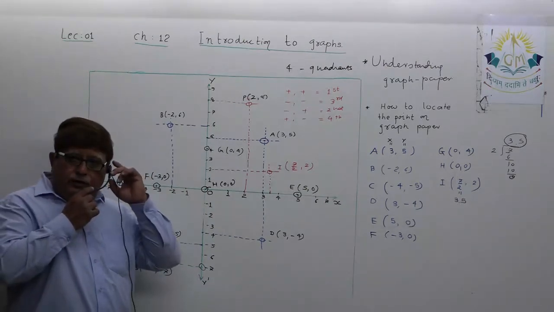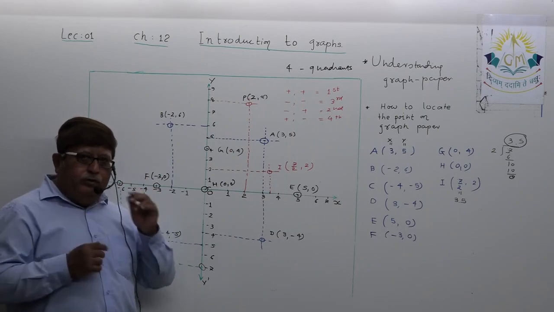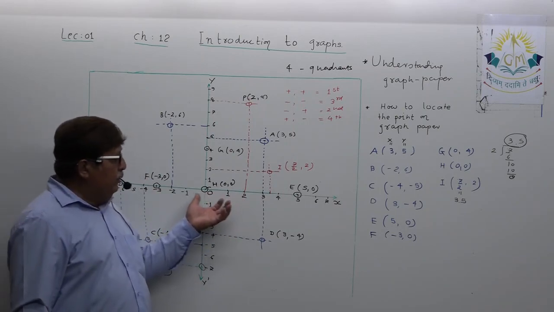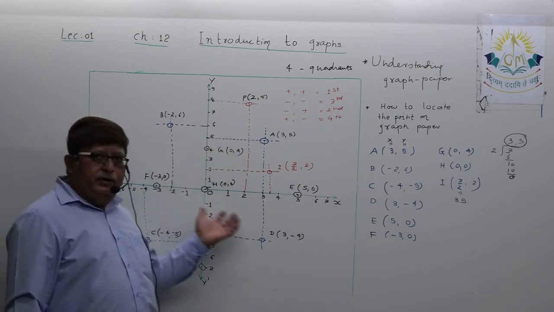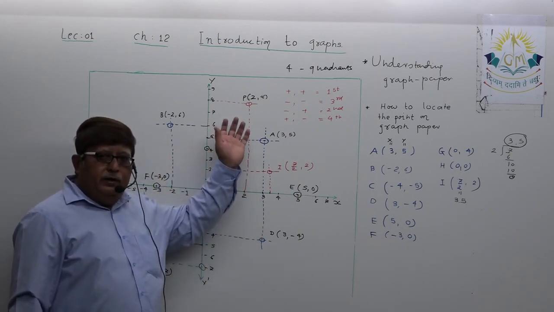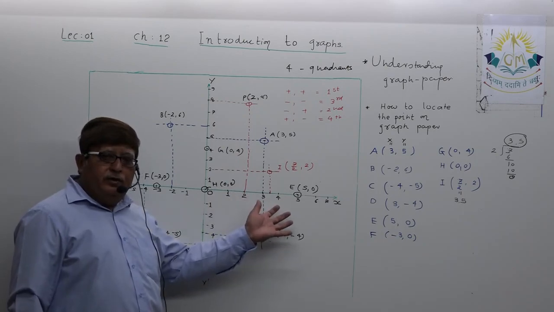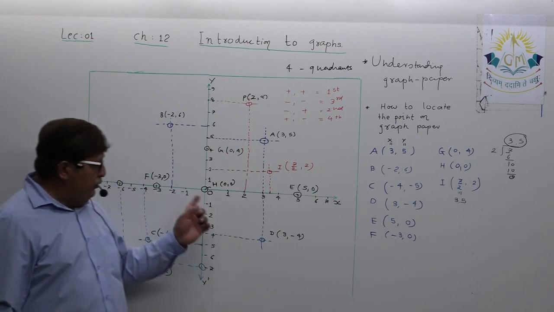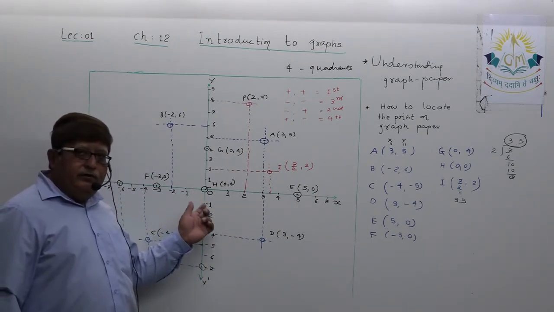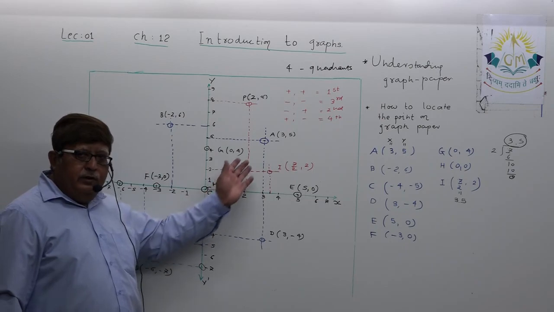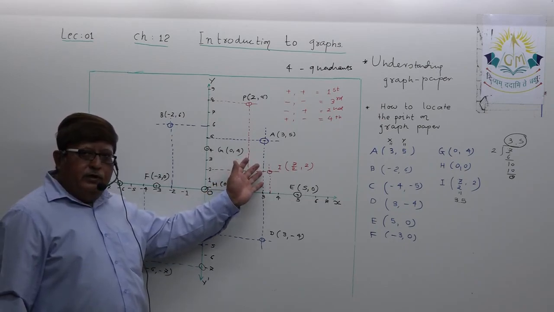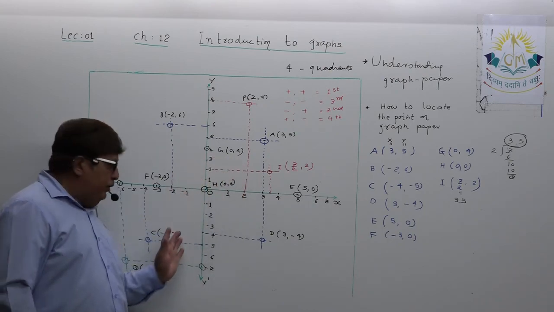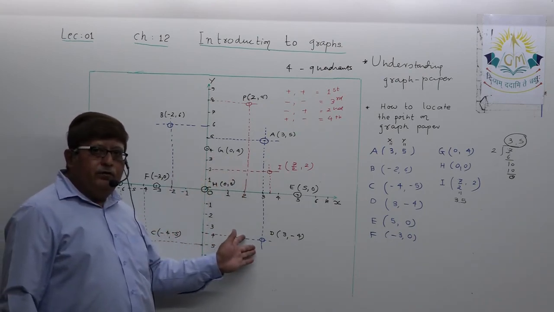Then the graph paper is divided into four parts by a vertical line and a horizontal line, called the x-axis and y-axis, where their intersection is known as the origin. The graph paper gets divided into four regions: first quadrant, second quadrant, third quadrant, and fourth quadrant.